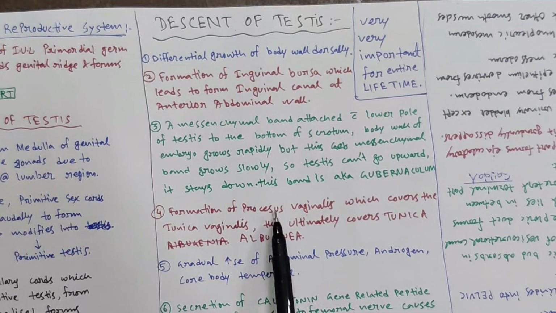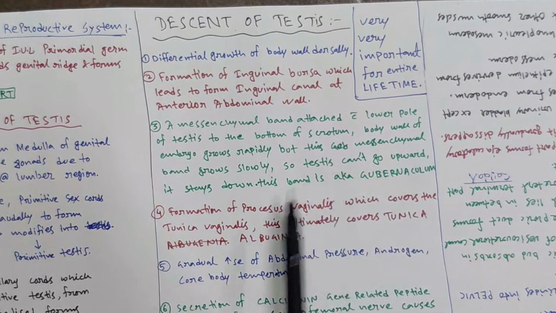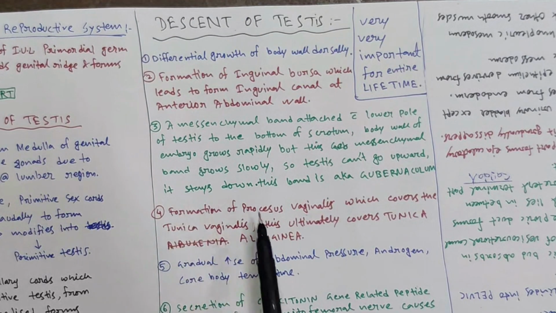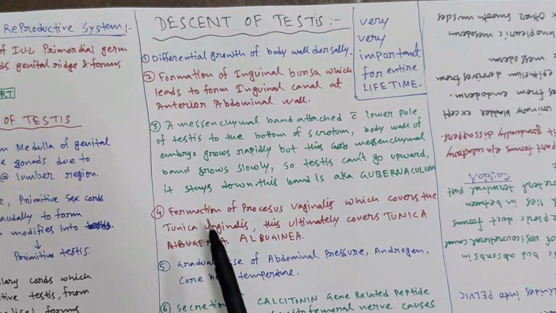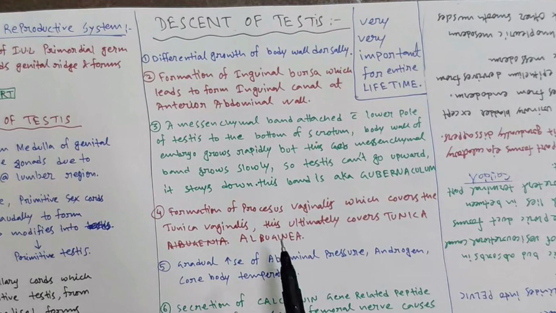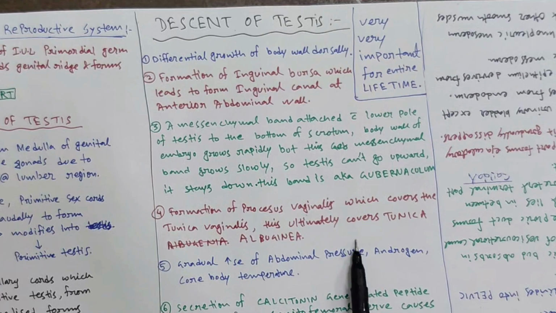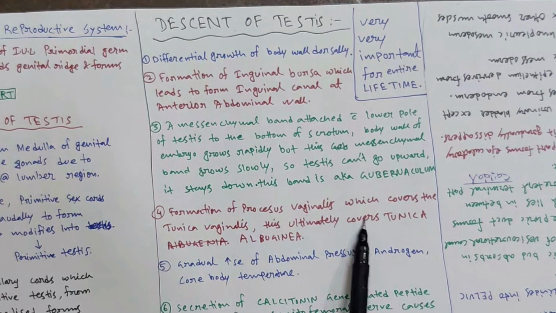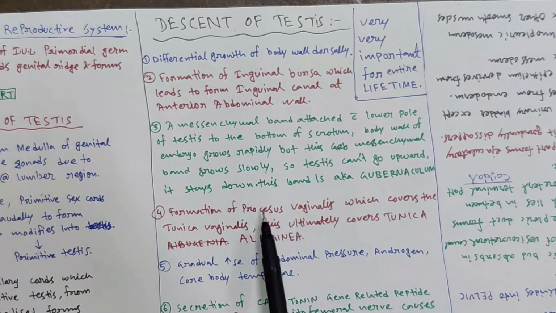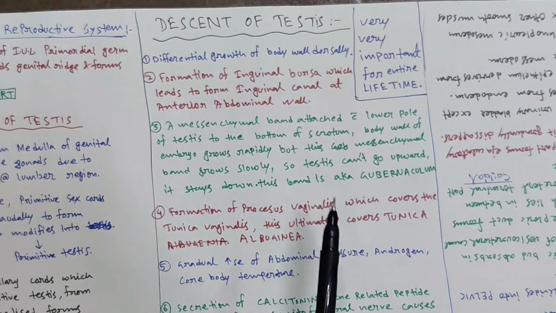Formation of the processus vaginalis, which covers the tunica vaginalis. Now this tunica vaginalis ultimately covers the tunica albuginea. The testis has so many layers. First the tunica albuginea, which is covered by the tunica vaginalis. It is also covered by the processus vaginalis. All these things I talked about in the testis anatomy videos.